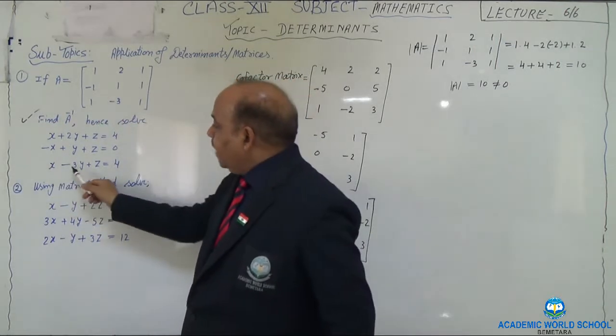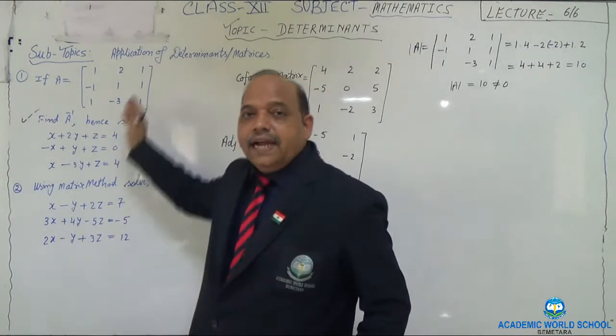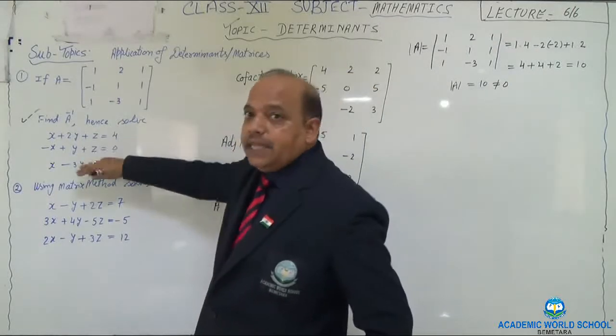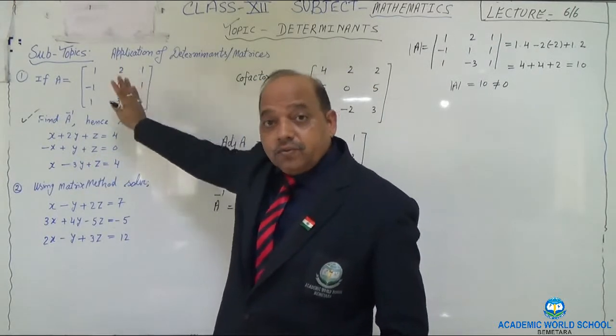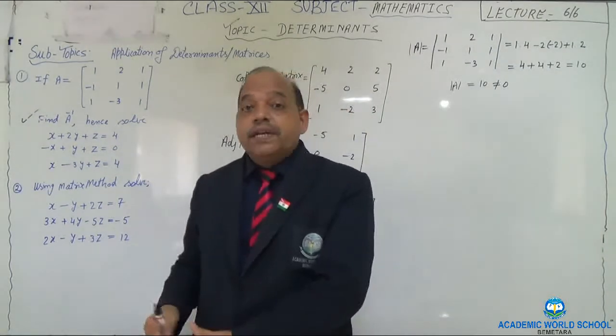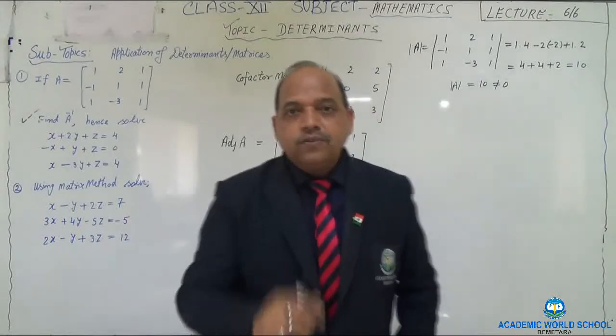And then 1, minus 3, 1. Though this question doesn't say that, over here they have already taken the coefficient matrix. In the question itself, the coefficient matrix is given and we have already calculated the inverse of that.